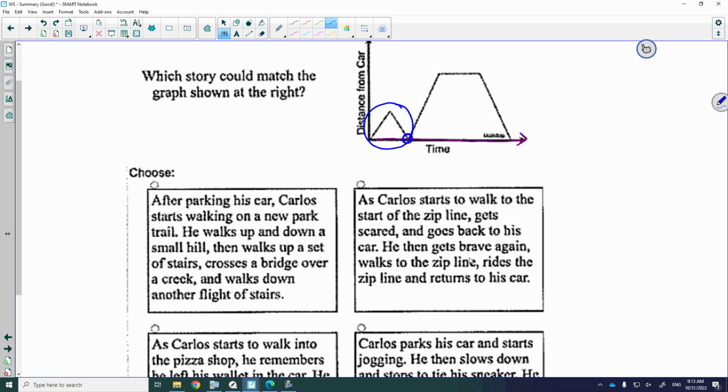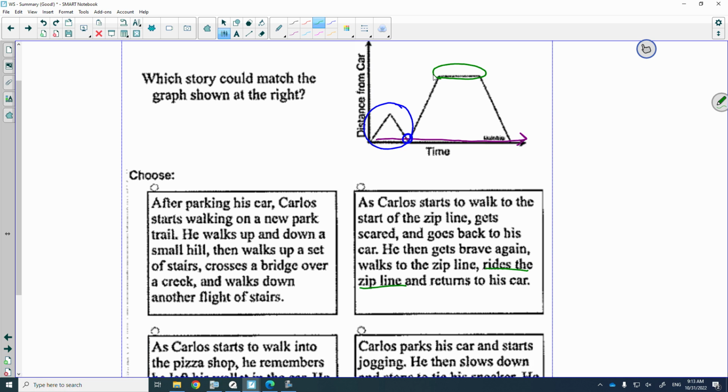But this is where we would have the issue. He rides the zip line. This represents, because the distance isn't changing from his car, that he's staying in one spot. So at first I thought it was that one as well.